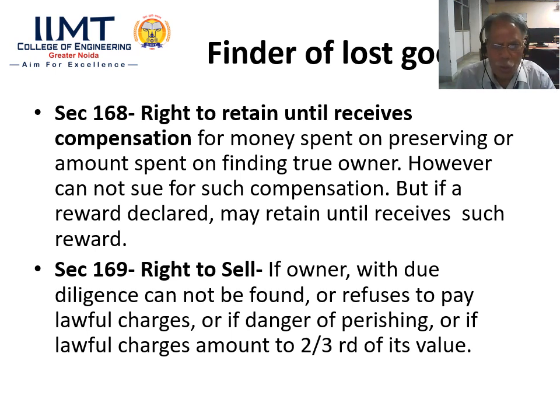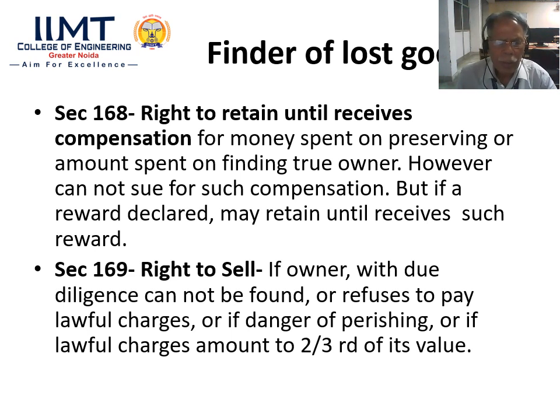However, the finder cannot sue for such compensation, but if a reward is declared, he may retain the goods until receiving such reward. Now, the points are self-explanatory: in preserving the bailed goods, if the bailee has spent a certain amount of money, the bailee has the right to seek compensation for that.